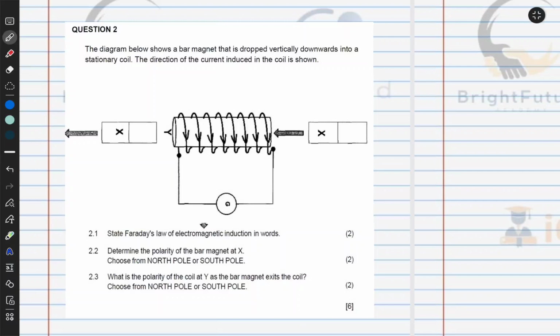Now here we are told that this diagram shows a bar magnet that is dropped vertically downwards.